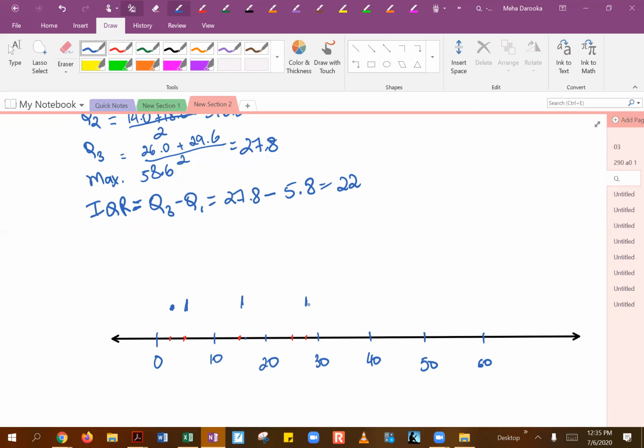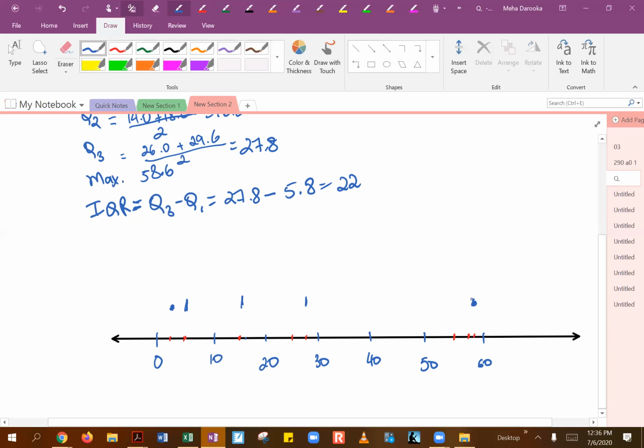The maximum value is 58.6. So again, halfway between 50 and 60 would be 55. Half of that would be 57.5. So maybe again, another notch from there would be your 58.6. And for that 58.6, we're actually again just going to put a dot for that.